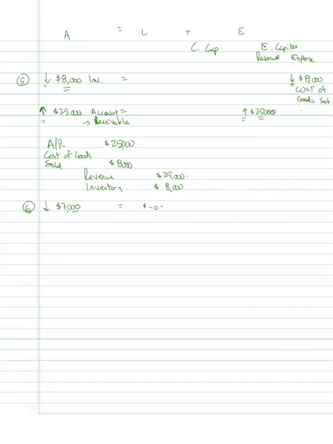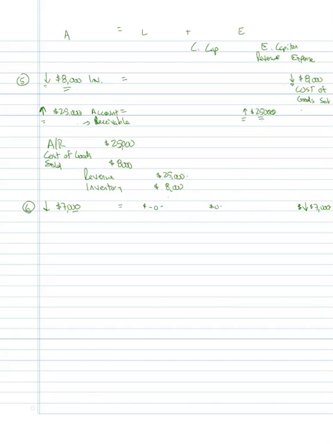It must be an equity account. It's not contributed capital. The employees are not owners. We're not paying them back anything they've made. It's not revenue. It must be an expense. And that's in fact what it is. The $7,000 wage expense is going to decrease our earned capital. It's going to reduce the profit that the business has made. And so we're going to record that as a reduction in earned capital.